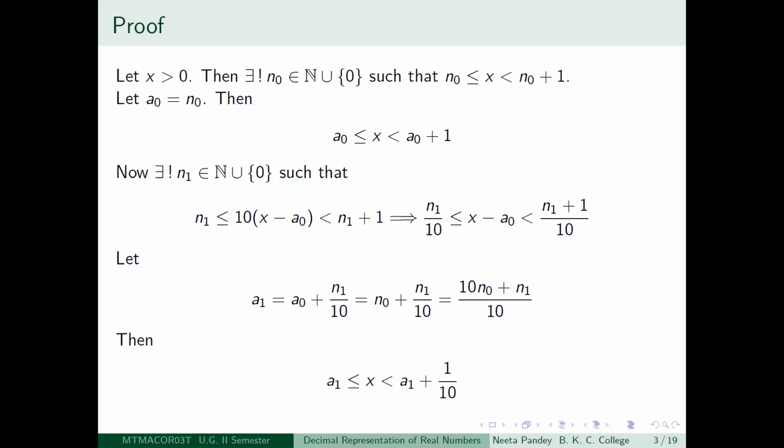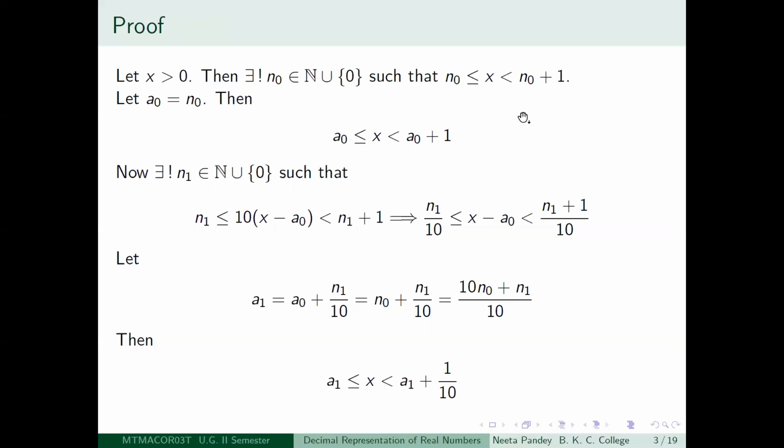Okay, so we start from the very beginning. Suppose I have any positive real number x. Then it is possible to get a unique non-negative integer n0 so that n0 is less than or equal to x is less than n0 plus 1.